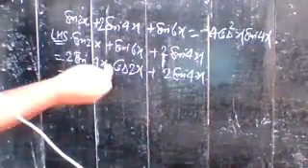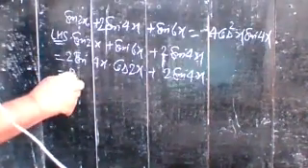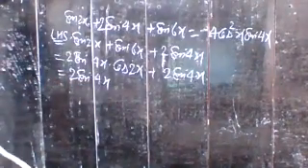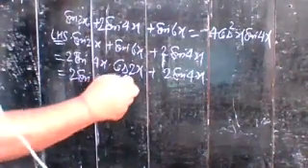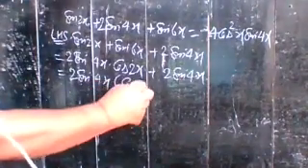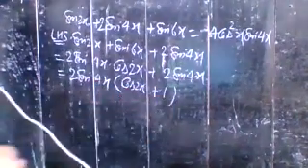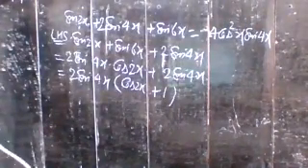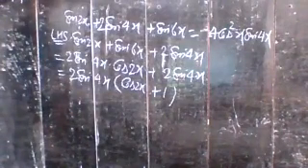So here you take common 2 sine 4x. Yes, 2 sine 4x is common. So what you have here is cos 2x plus 1. And also, I just want to discuss some identities in simplified form.